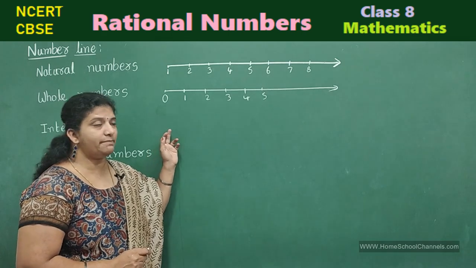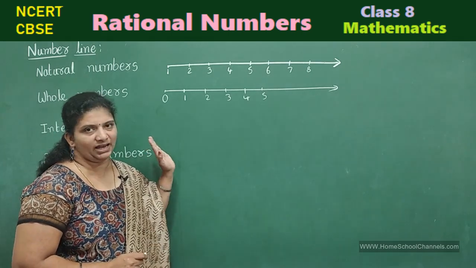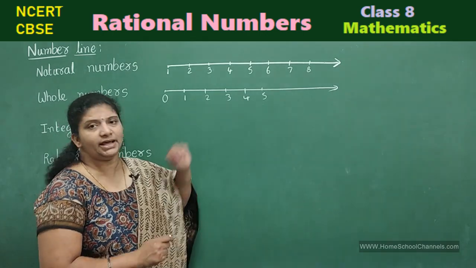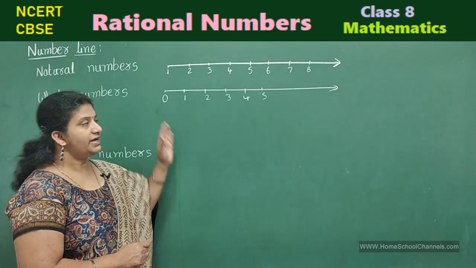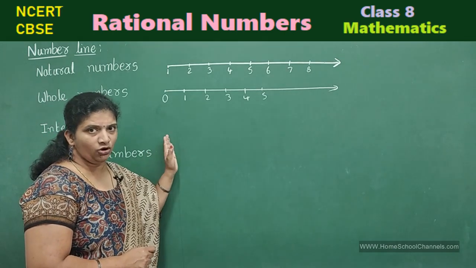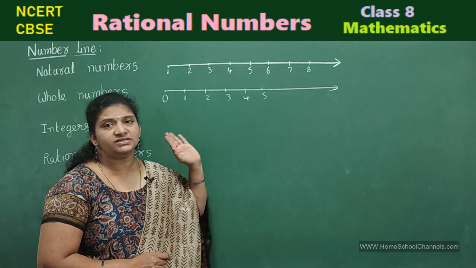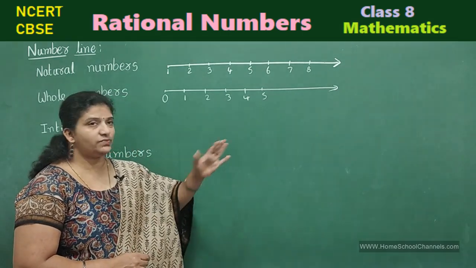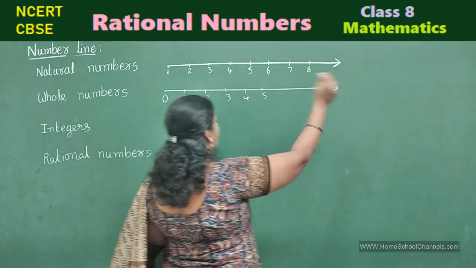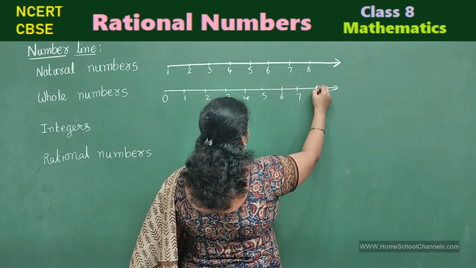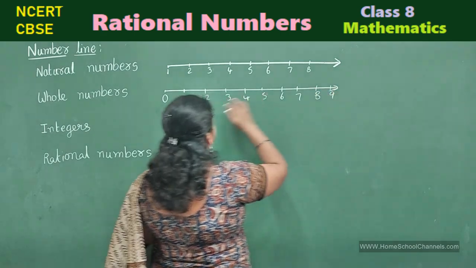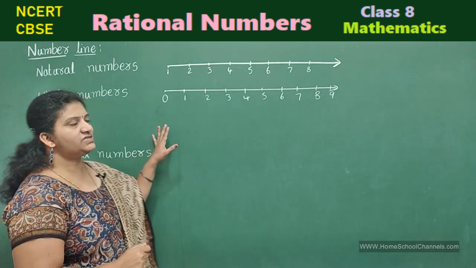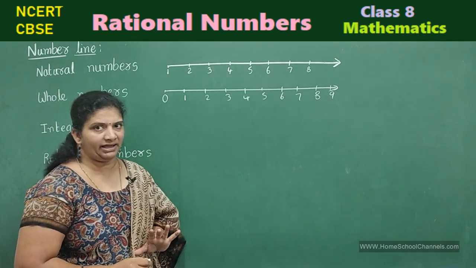We cannot represent -1, -2 on this number line. That means it starts from 0 and it extends towards right side indefinitely. Okay, where it ends, we don't know. But it extends only towards the right side, and it has positive numbers along with 0. In this way, we represent whole numbers on a number line.